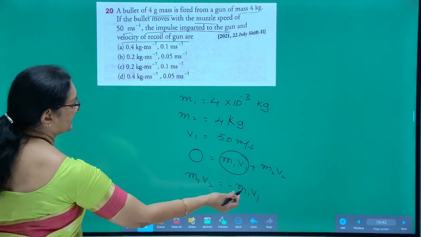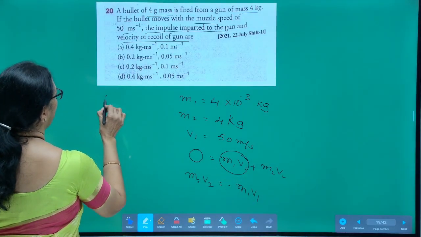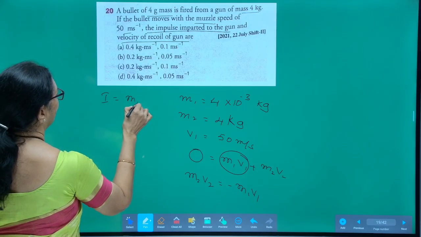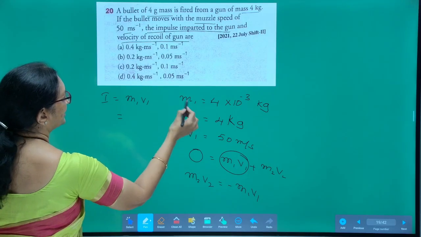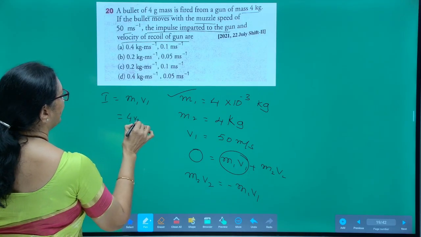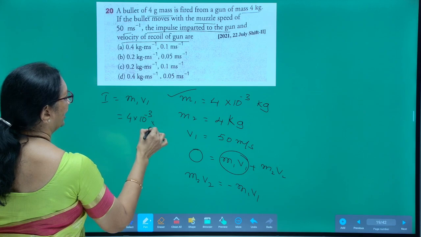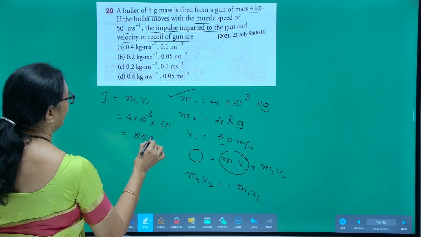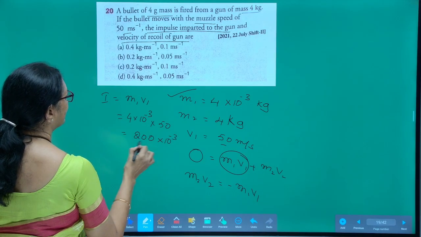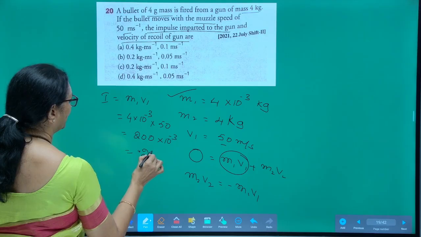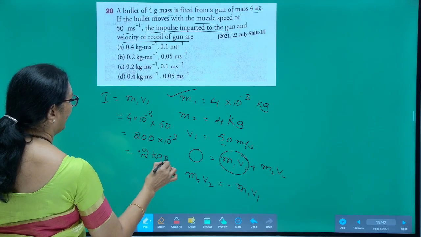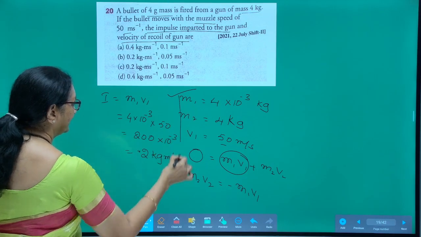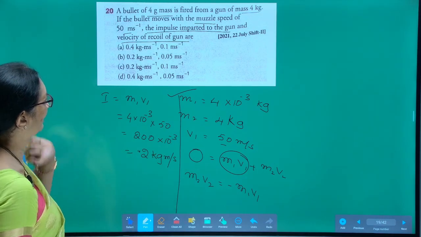So, impulse imparted is m1 v1. So, mass of each bullet is 4 into 10 to the power of minus 3, v1 is 50, this is 200 into 10 power minus 3, or 0.2 kg meter per second. That is the impulse, right?